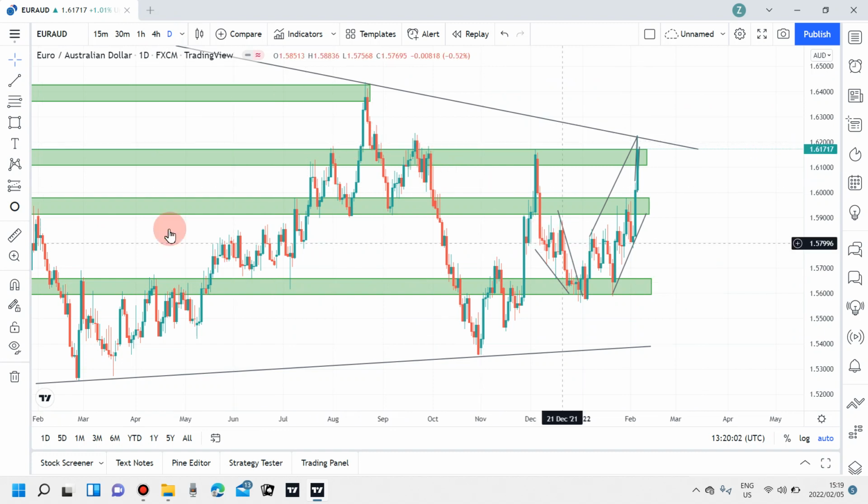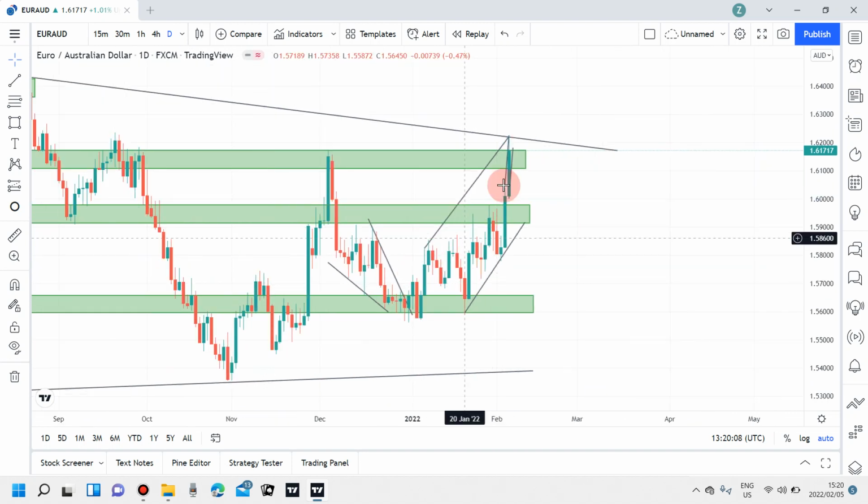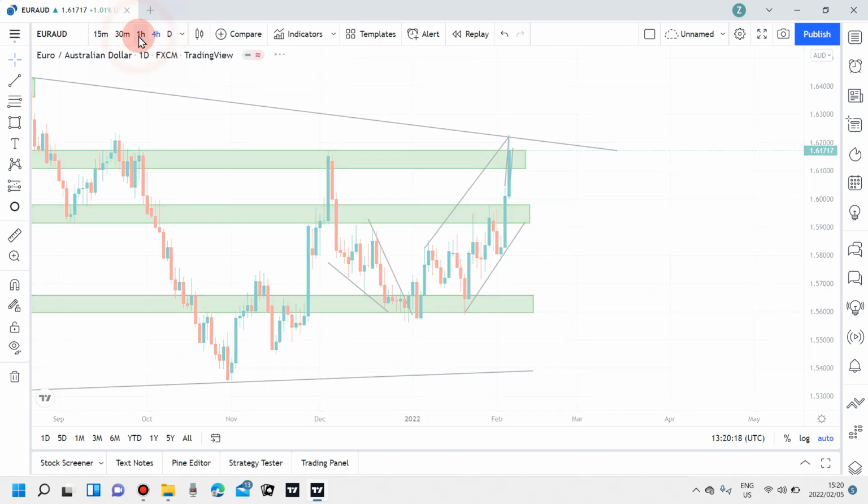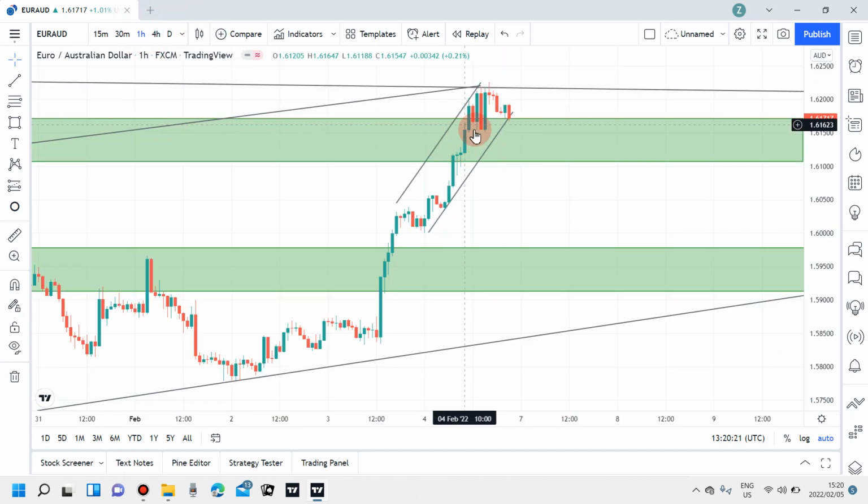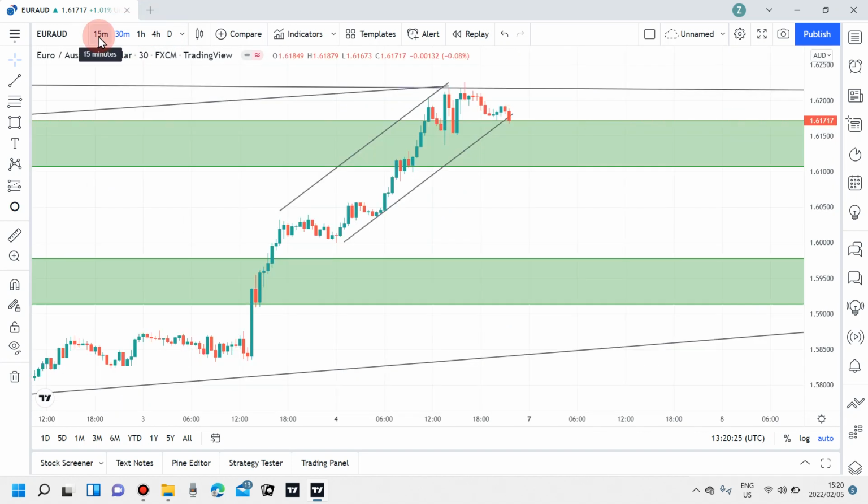First trend being the overall momentum of the market. Second trend, your 4-hour time frame trend, what the market gave you and what the market is giving you. And the fourth trend would be on the 1-hour time frame. Then you would enter your trades on the 30 minutes and 15 minutes.